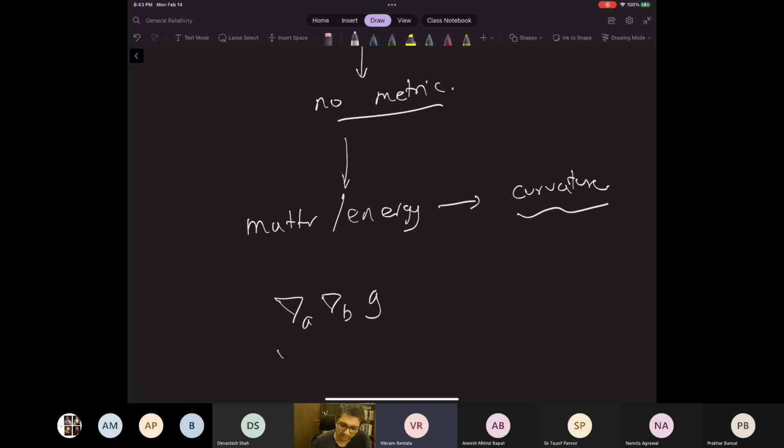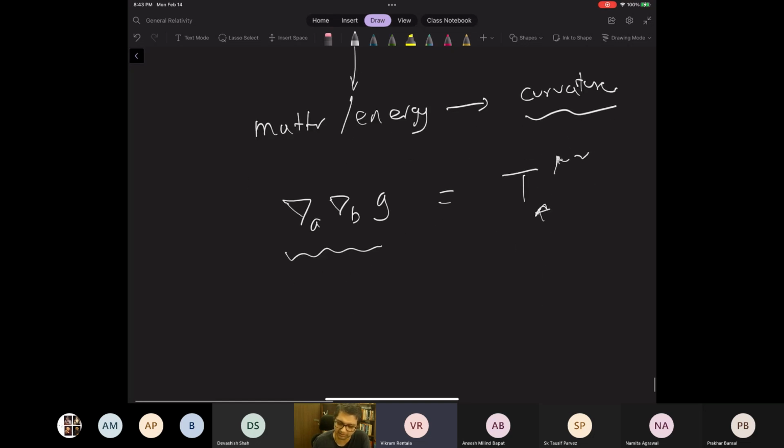These derivatives of the metric are proportional to some stress energy tensor, which is roughly like the energy density of the system or the matter density. So you're sourcing the curvature of spacetime, which is related to derivatives of the metric, from some energy density.